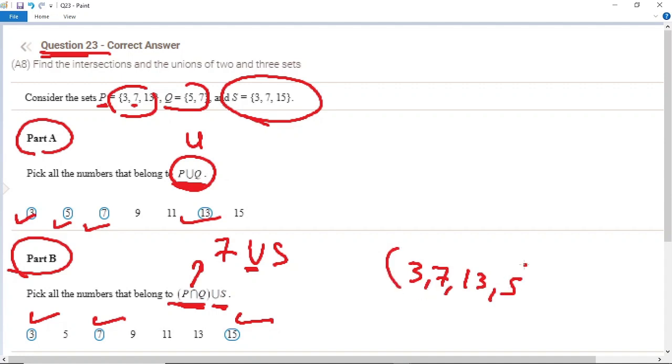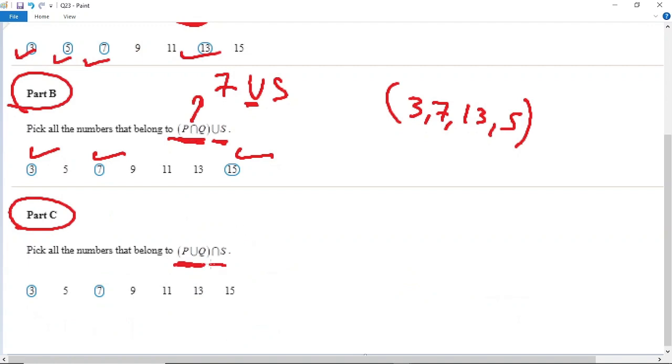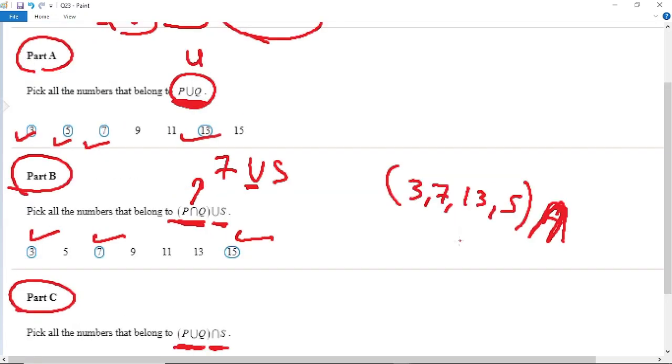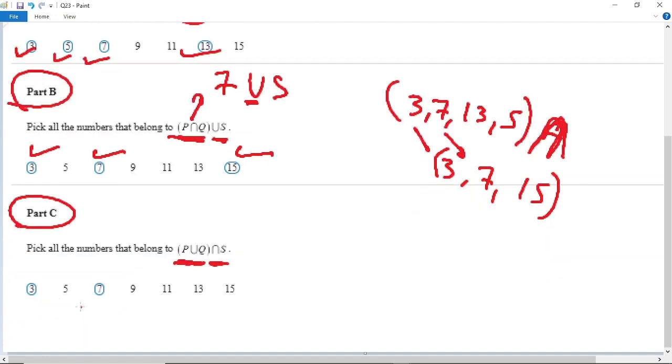Okay, this is B union Q. Then intersect with S, which is 3, 7, 15. So the intersection between these two sets is 3 and 7. That's all. So the answer will be 3 and 7.